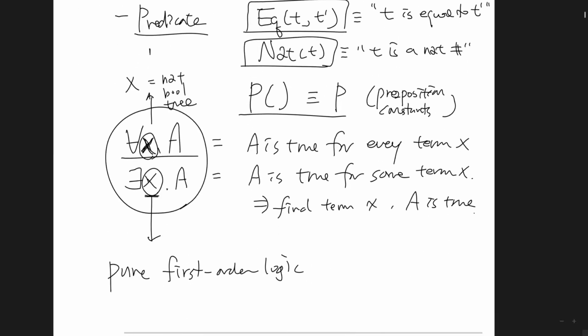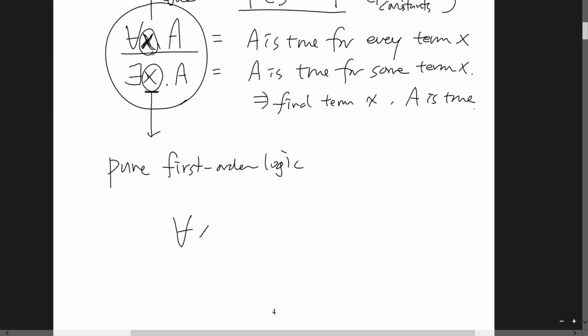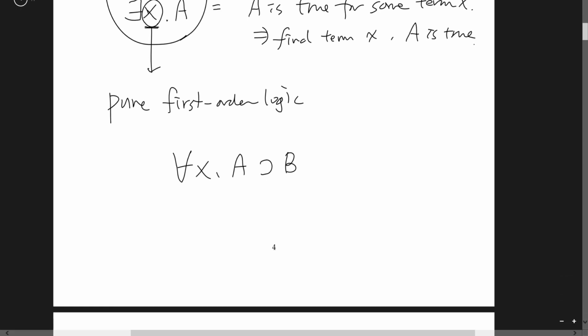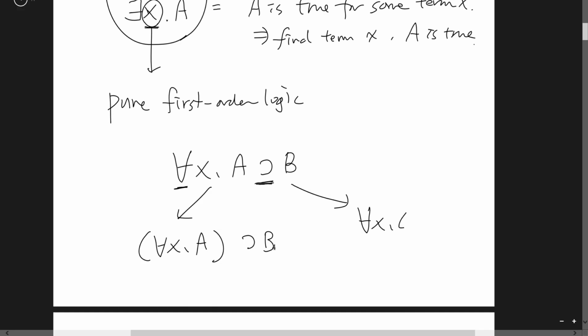So for example, for all x, A implies B. You can interpret it either, if this for all quantifier has higher precedence than this implication, as (for all x, A) implies B. Or alternatively, if this implication has a higher operator precedence, you'd interpret it as for all x, (A implies B).